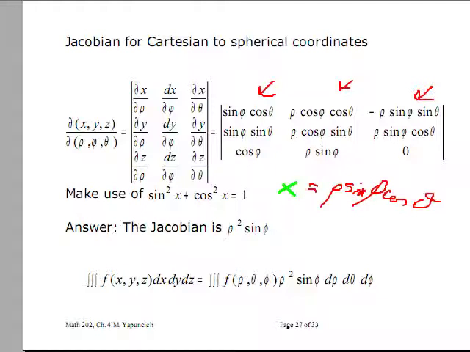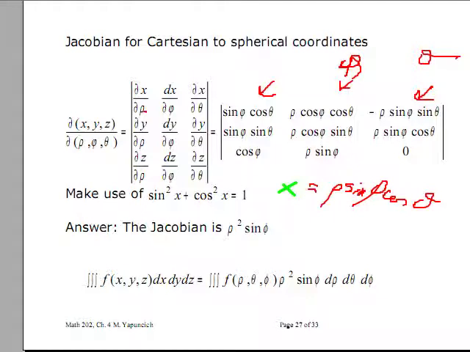You need to work out this determinant. No, I did them in the other order, I'm sorry. This was the partial with respect to rho, this is the partial with respect to phi, and this is the partial with respect to theta. Okay, anyway, you can work up your own matrix, it's not a big deal.